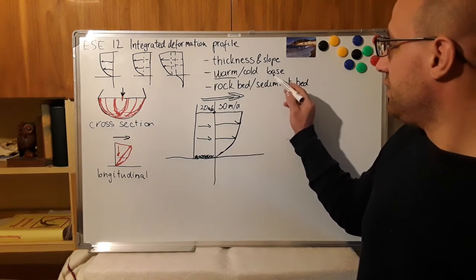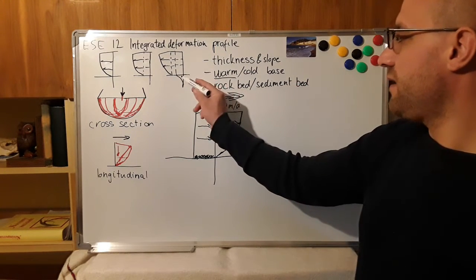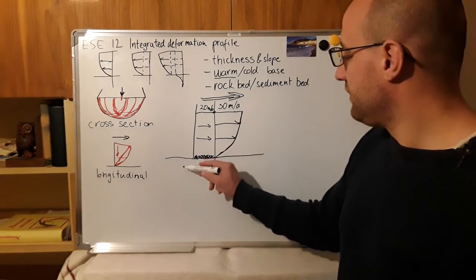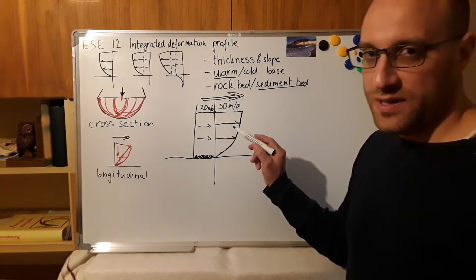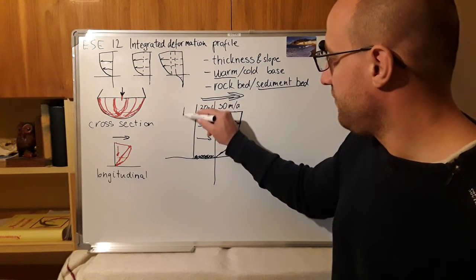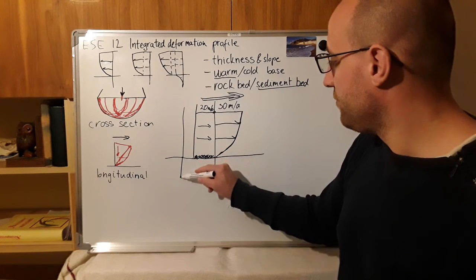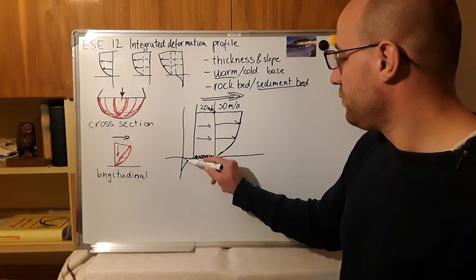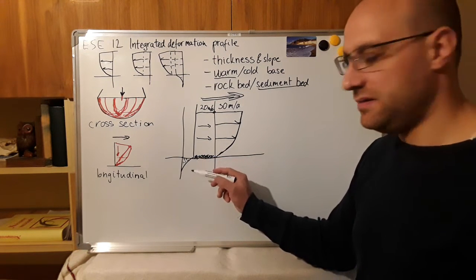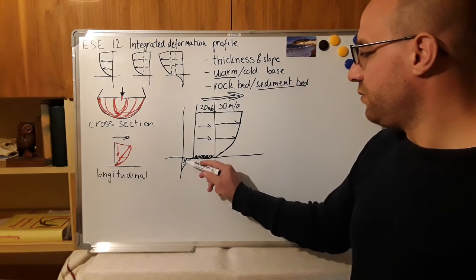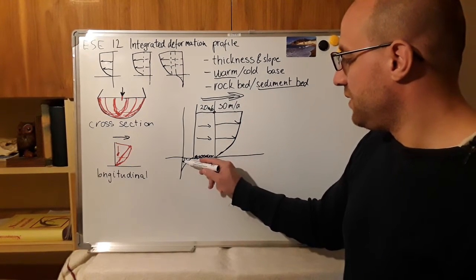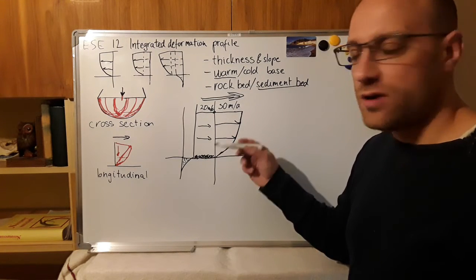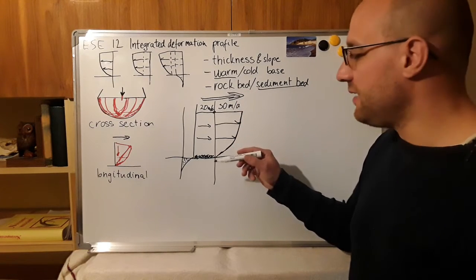And finally, if we have a sediment bed, that will mean that the sediment itself can be deforming. And then I will draw it like that, which means over here we have what we call the till material, so sand, gravel, maybe loess, some kind of sedimental material, and definitely not hard rock like granite that cannot deform.